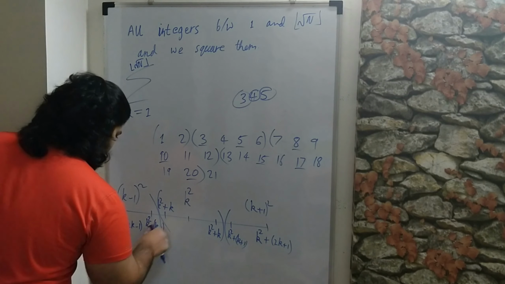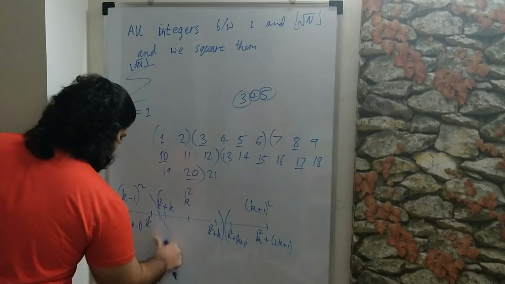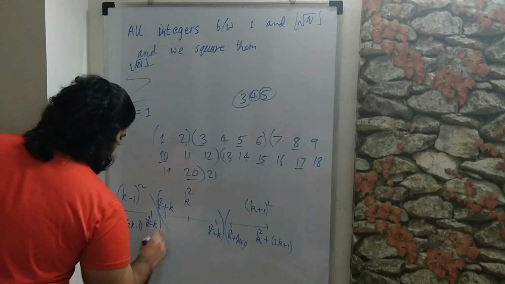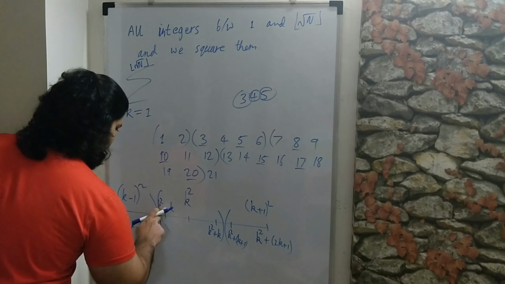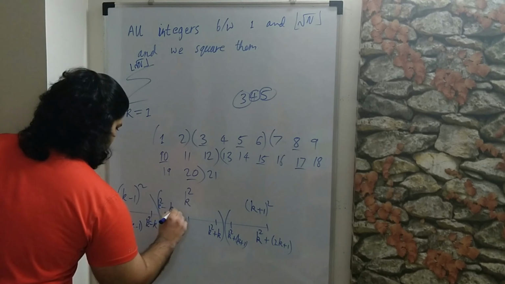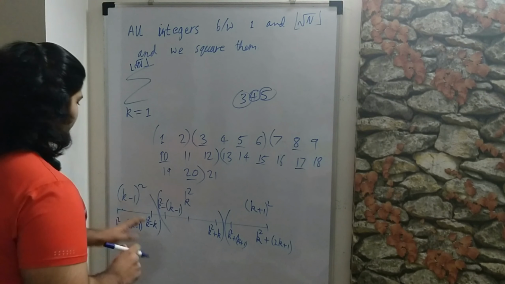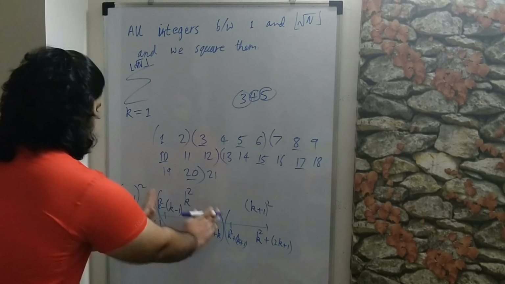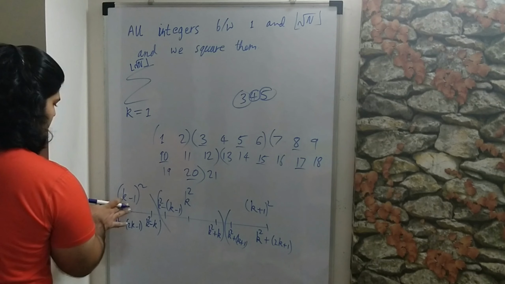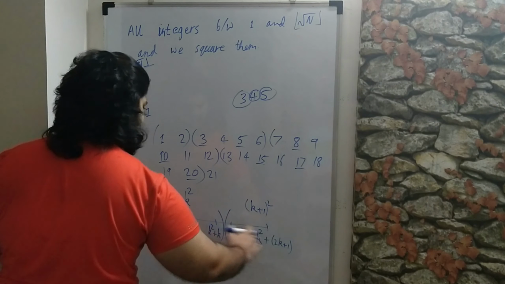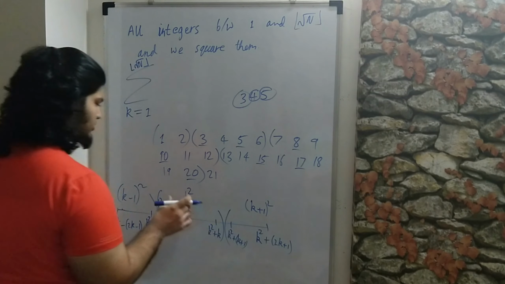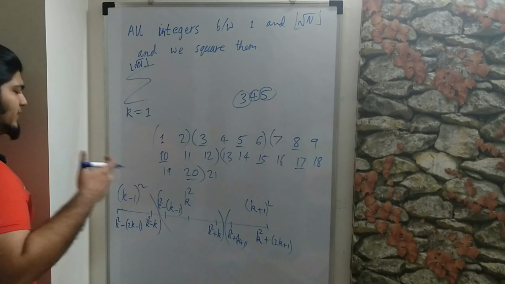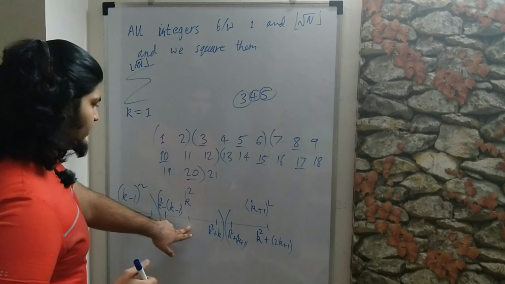This should be k square minus k, and this should be k square minus k minus 1. So this is the bracket of k square, this side is the bracket of k minus 1 whole square, and this side is the bracket of k plus 1 whole square. So now you can see how many squarish integers k square will produce.